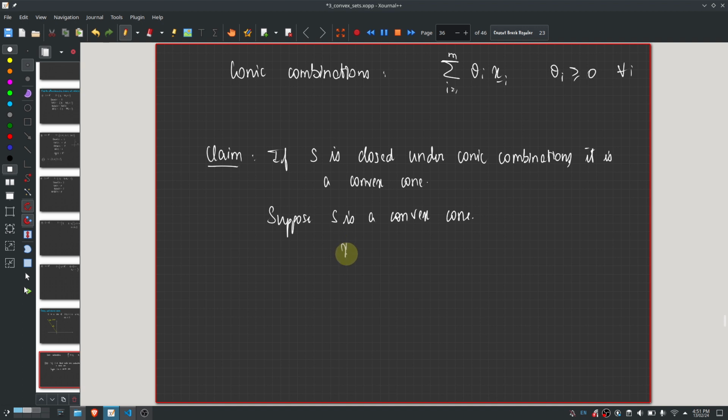So effectively, if x1 through xm are in S, and theta 1 through theta m are all greater than or equal to 0, then we want to show that the summation over i of theta i xi is also in S. Can you see why that is true?